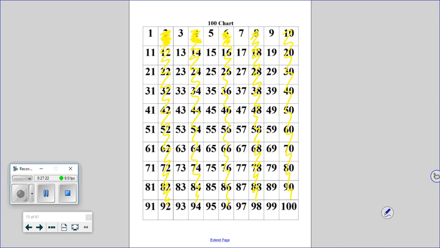Using our blue crayon, we're only going to color in the products of 4. So what is 4 times 1? Everybody. 4. Color in the 4.